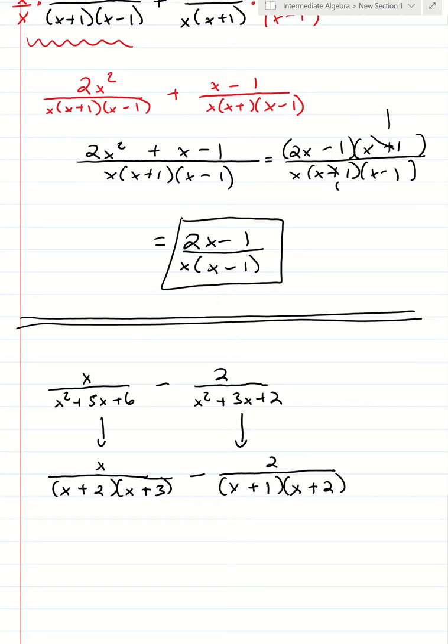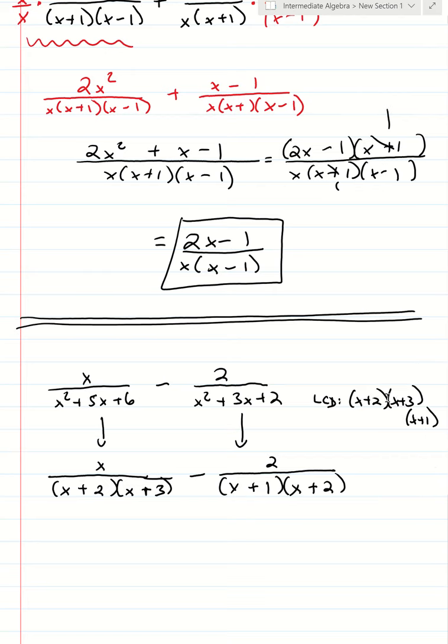And so now, once again, we need to come up with the lowest common denominator. Once again, each different denominator needs to make up the lowest common denominator. So I have an x plus 2, I have an x plus 3, I also have an x plus 1.